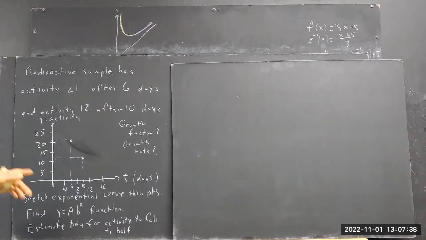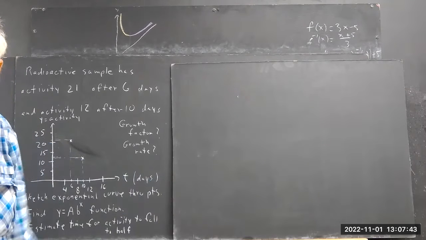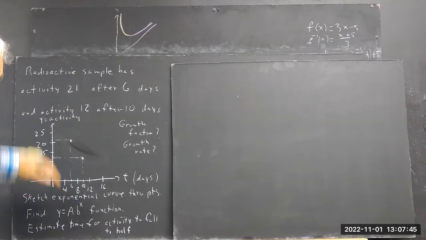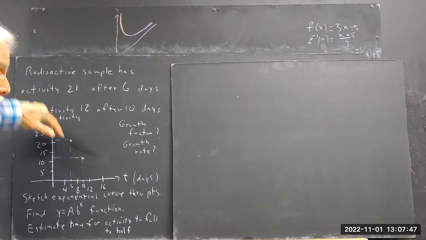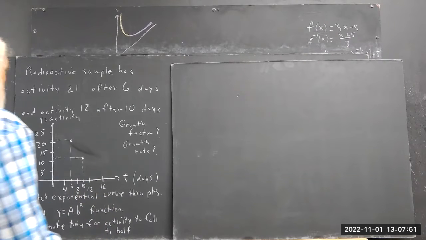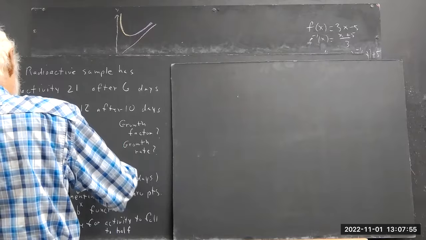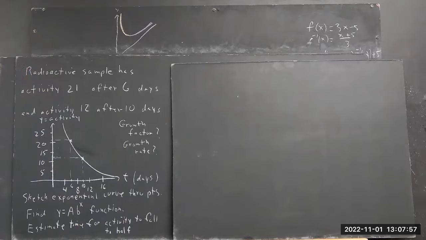Now, an exponential function has to be asymptotic to the horizontal axis. How are we going to get an asymptote to the horizontal axis using the shape of an exponential curve? Well, it's going to have to be something like this.